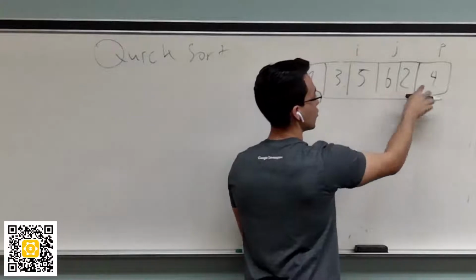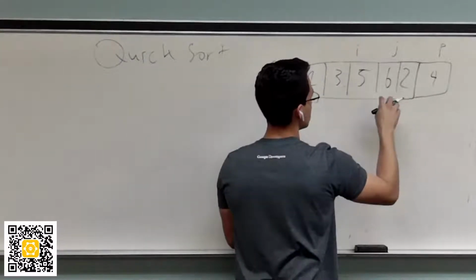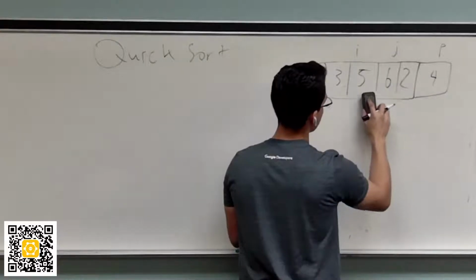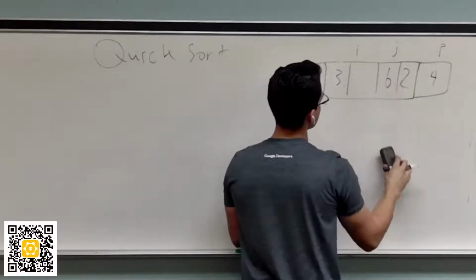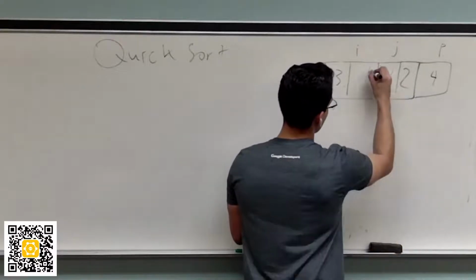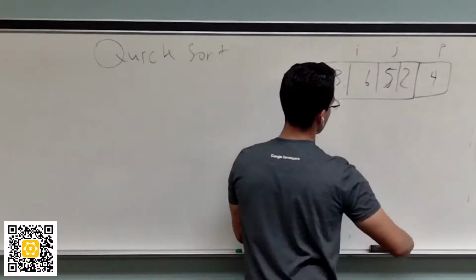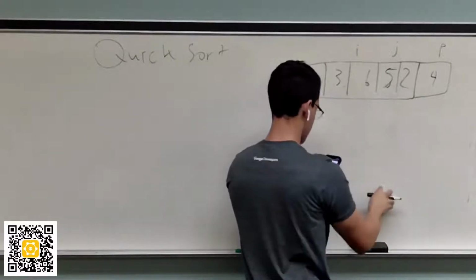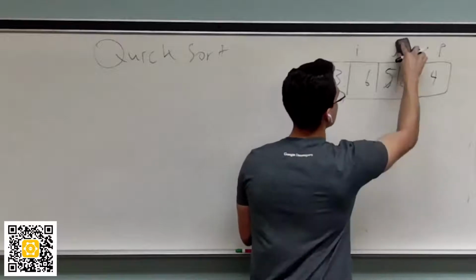And out here, this is greater than this. So we swap, well, we don't really have to do that, but it doesn't really matter. And since this is greater than, we don't move this. But we do move this one up.